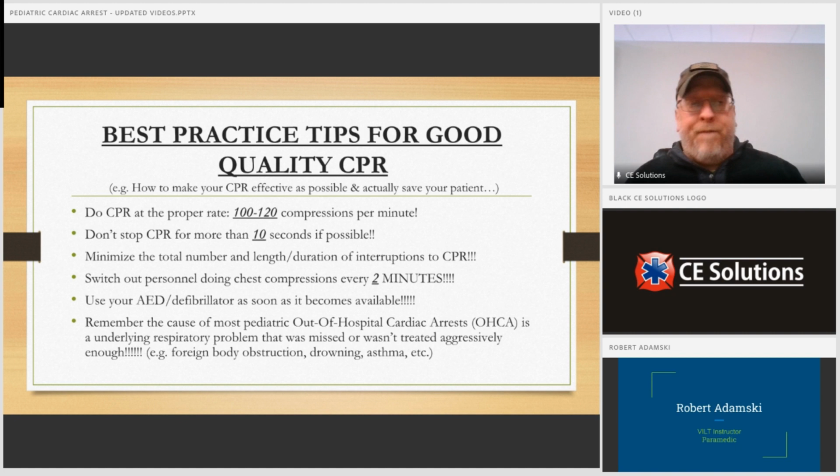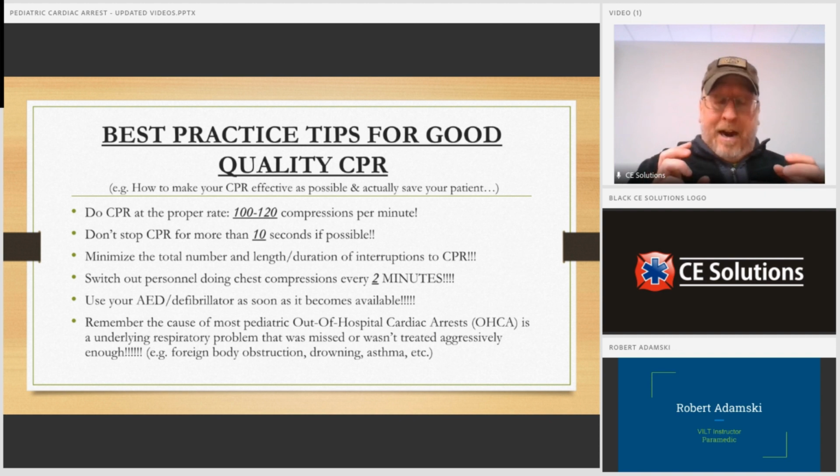And then the final bullet point, which is also critically important, is remember that most out-of-hospital cardiac arrests that occur to pediatric patients, infants and children, and remember, we're talking about infants being from birth to 1 year old, and then our children being from about 1 year old to puberty, which may or may not be 12-ish or so years old.